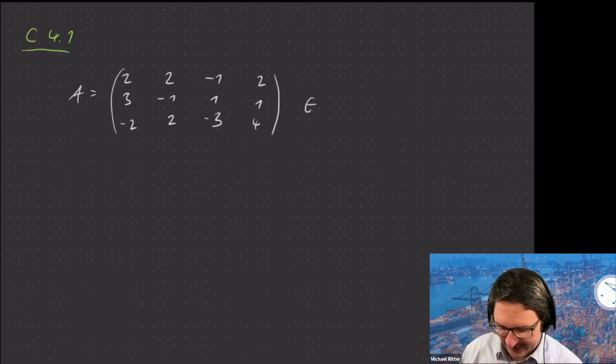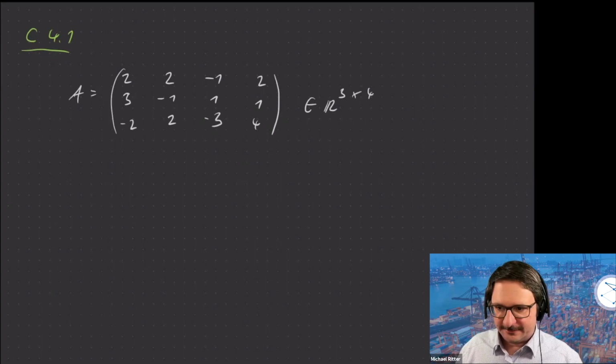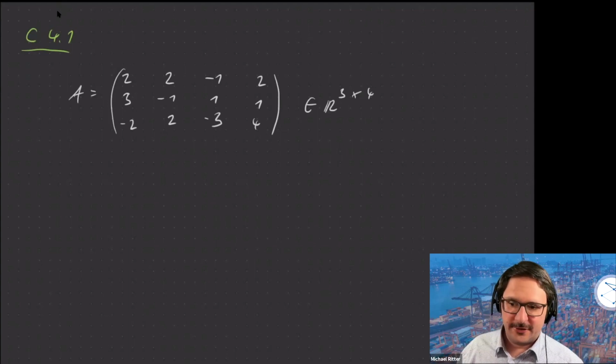So that matrix has 3 rows and 4 columns. It's not a quadratic matrix. And the problem statement asks for a basis and the dimension of the kernel, the column space, and the row space of this matrix.